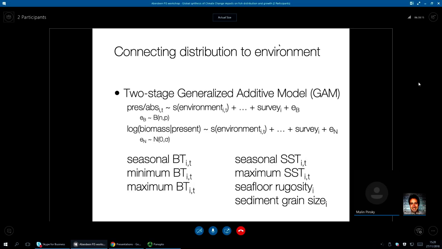And then we also include metrics of bottom habitat, so seafloor rugosity and sediment grain size. Those two don't change through time, and so don't get matched to the particular year of the survey, just the location, whereas the other five factors are specific to a particular survey moment as well as location.